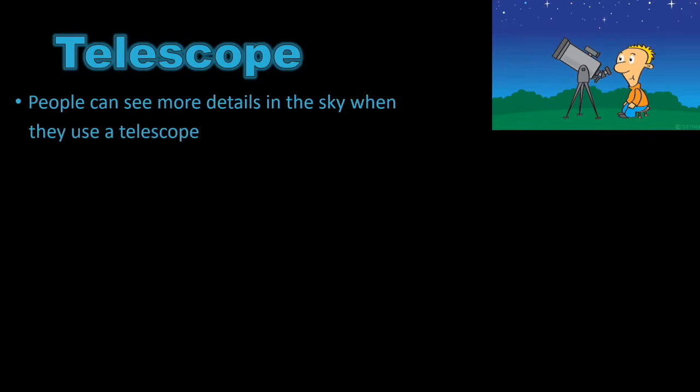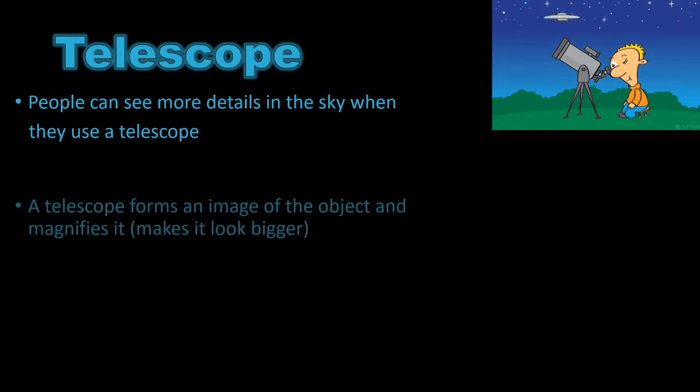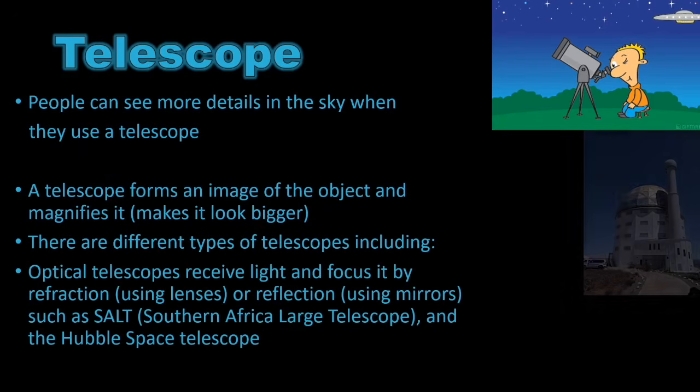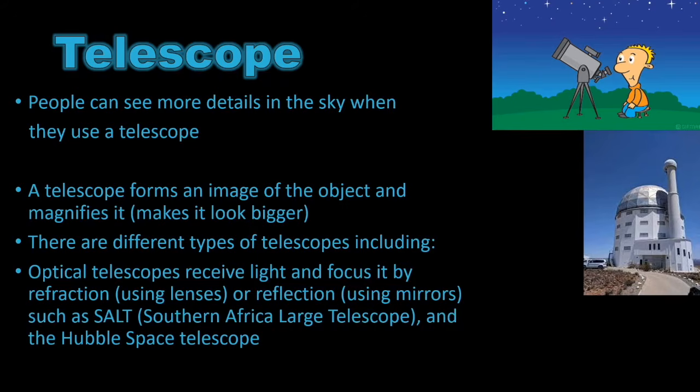So what is a telescope? People can see more detail in the sky when they use a telescope. What a telescope does is magnify, or make an object that's very, very far away bigger. There are different types of telescopes. We have an optical telescope that receives light and focuses it by refraction or reflection.